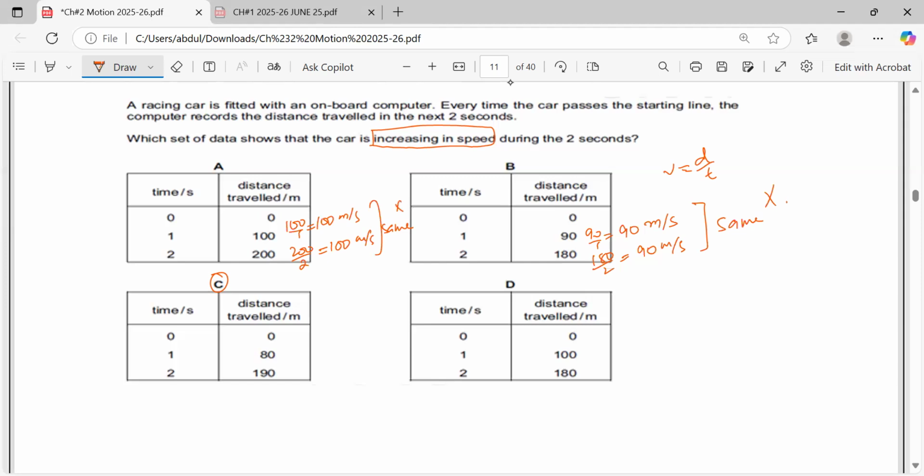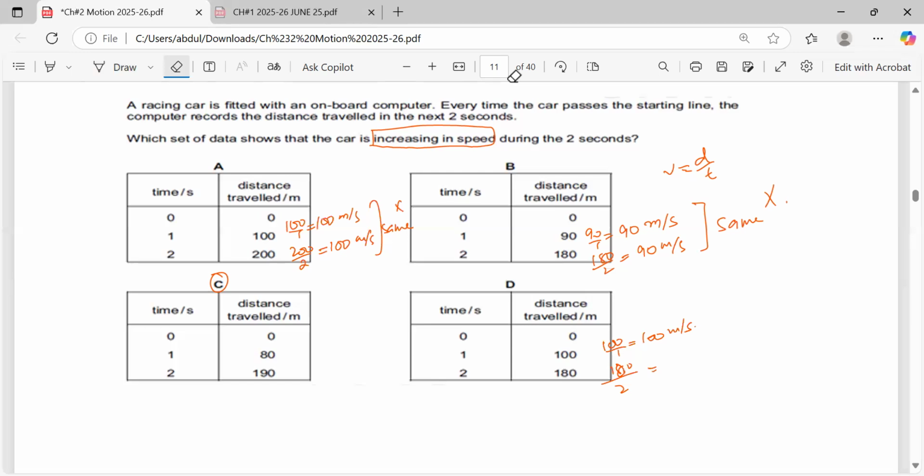Come to D. 100 over 1, 100 meters per second. 180 divided by 2, because speed is distance over time, 90 meters per second.